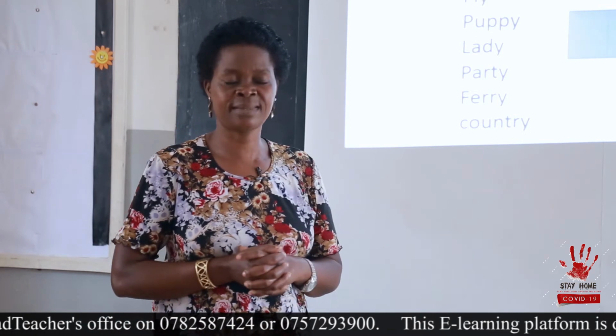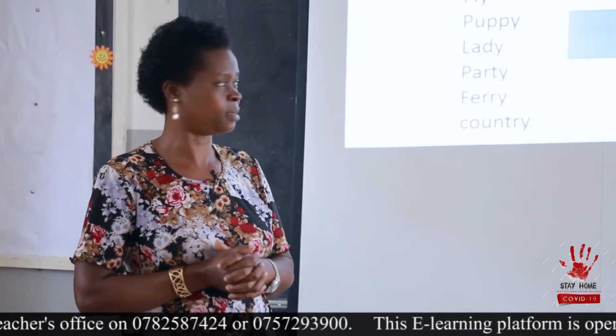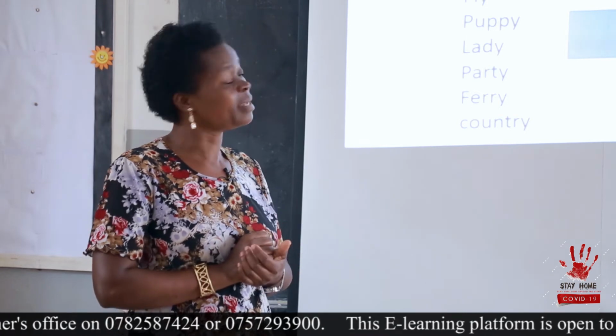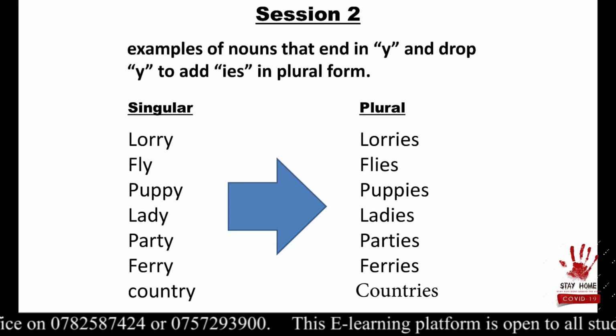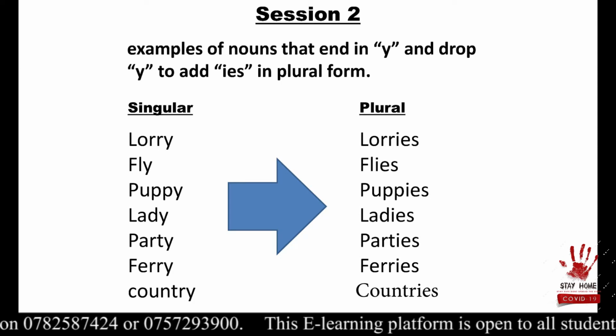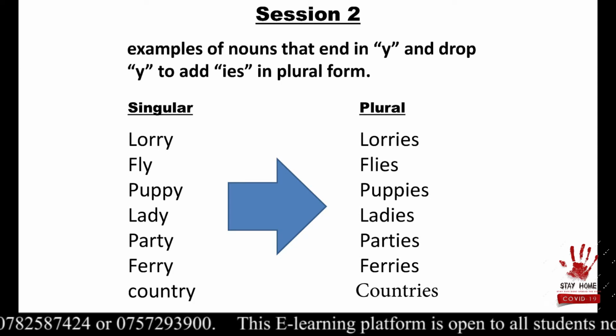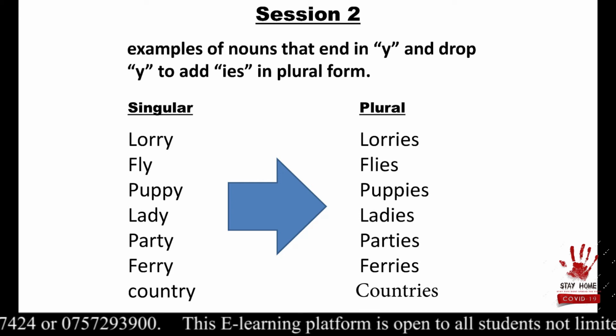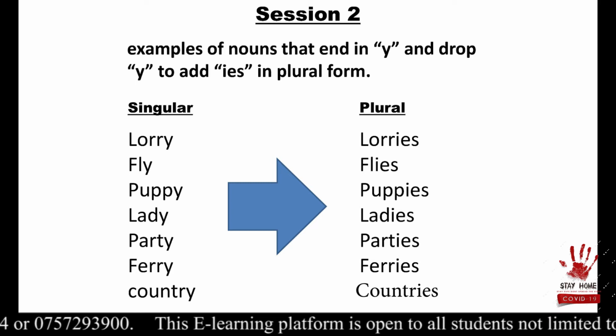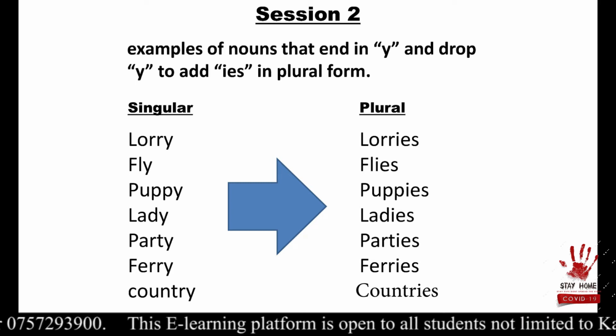We have party. You always go for parties. Now, party, even T is a consonant, we are going to remove the Y. It is a principle that we must remove the Y, then we put I-E-S. Now, it will be parties. So can you say parties?